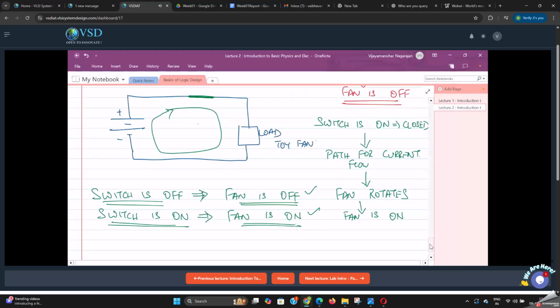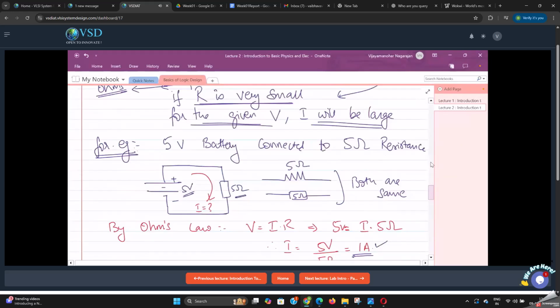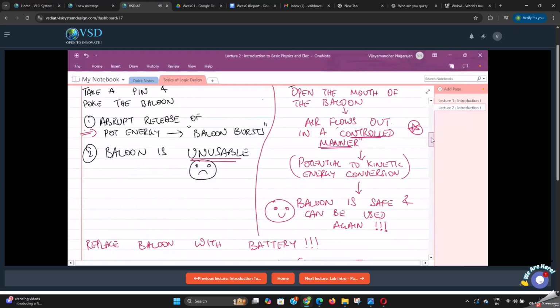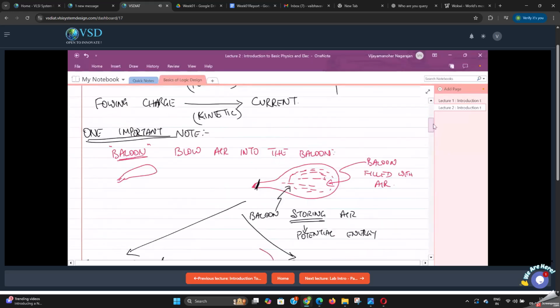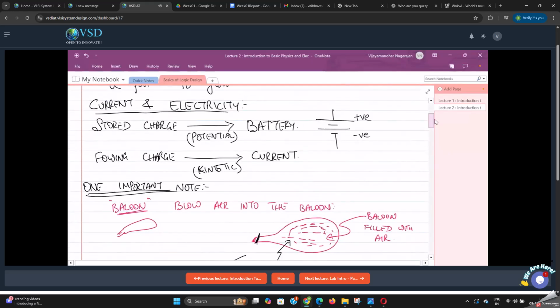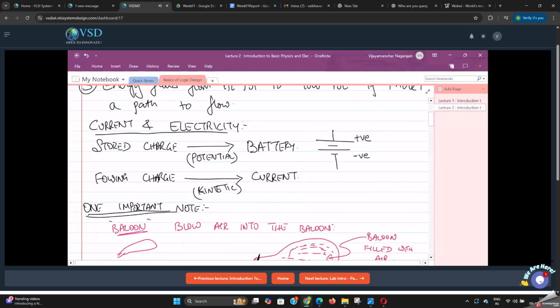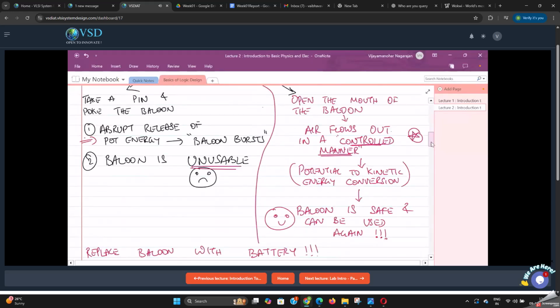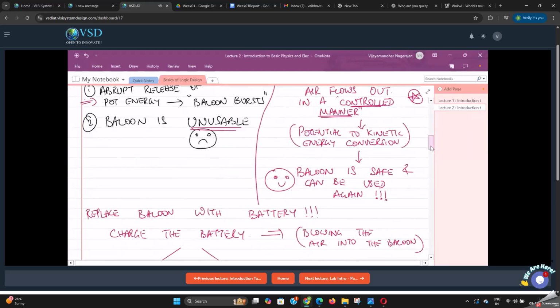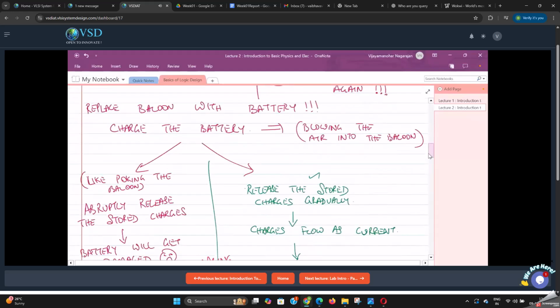So quickly let us see through what all we discussed and summarize it. We saw, in terms of current and electricity, battery stores the charge and the flowing charge is the current. And one important observation we saw is for the kinetic energy to potential energy conversion to happen in a constructive way.